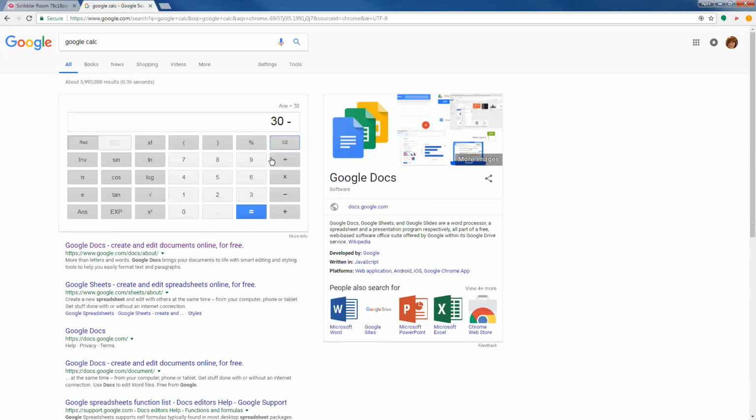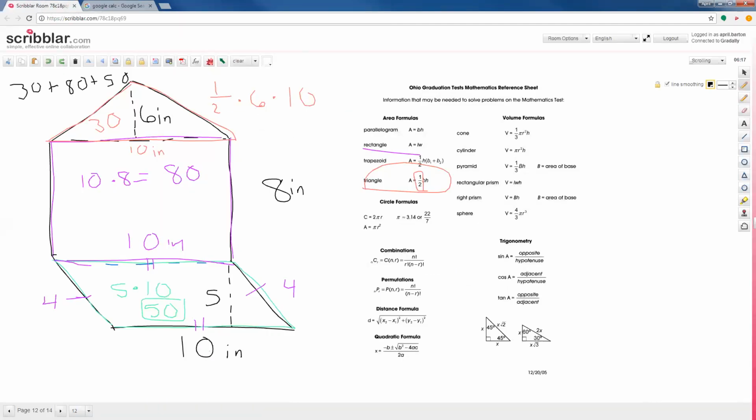Careful on your calculator, it's easy to hit the wrong button. 30 plus 80 plus 50 is 160. So the total area of this entire shape is 160. And since it was inches, that would be inches squared.